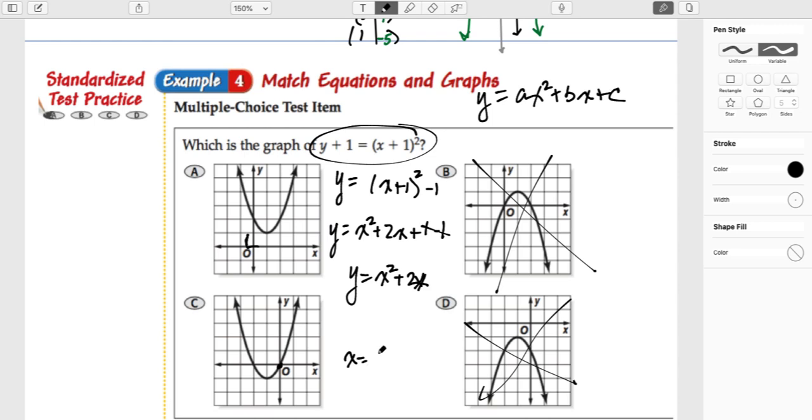So x is equal to negative b over 2a, where b in this case is 2. So that's negative 2 over 2a, and a being 1. So we have negative 2 over 2, which gives me a negative 1 as the axis of symmetry. And again, that points to this answer, C, being correct, because this axis of symmetry is a positive 1.